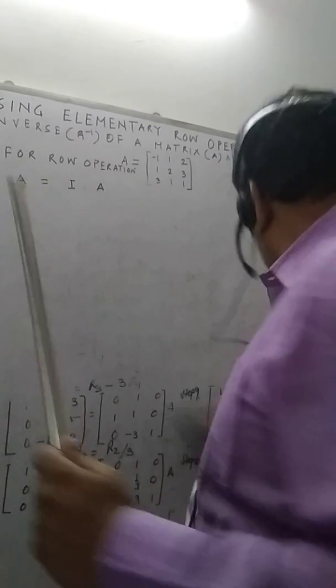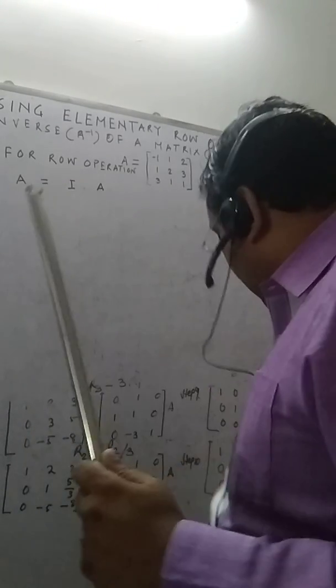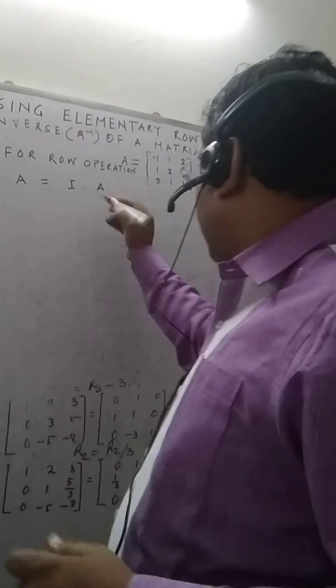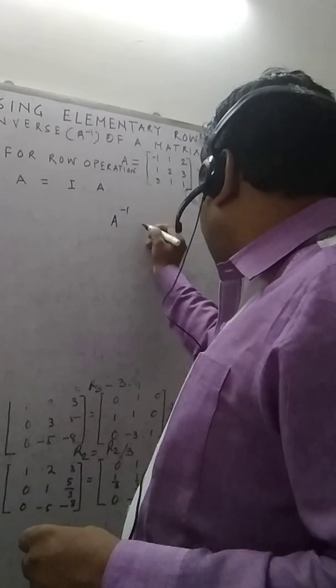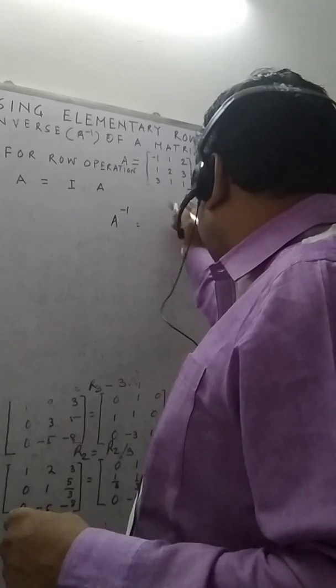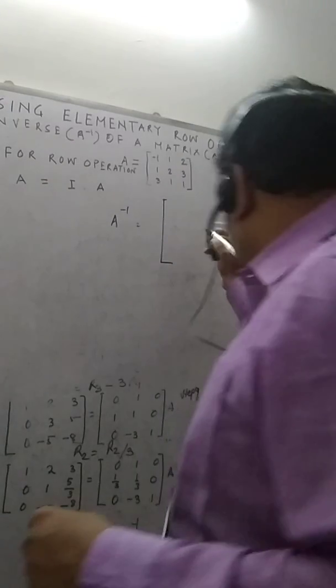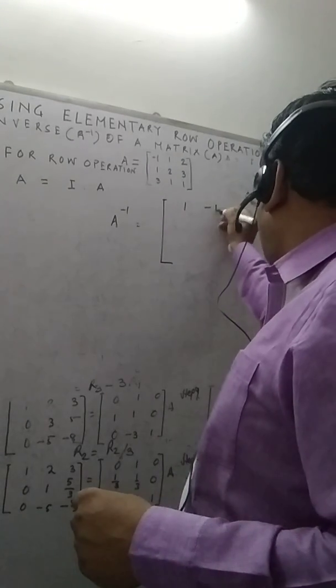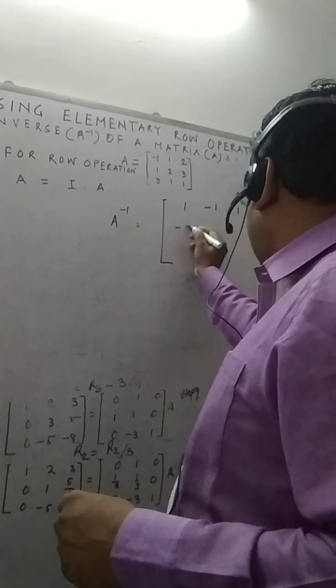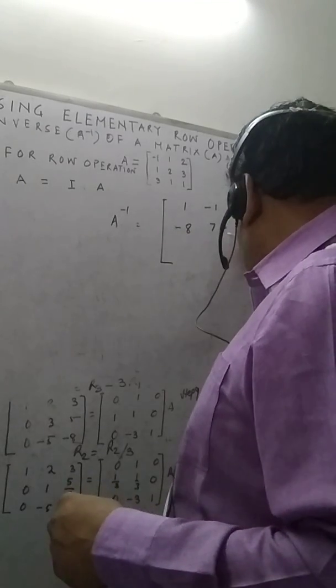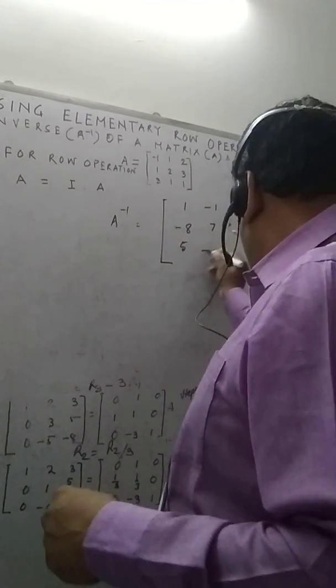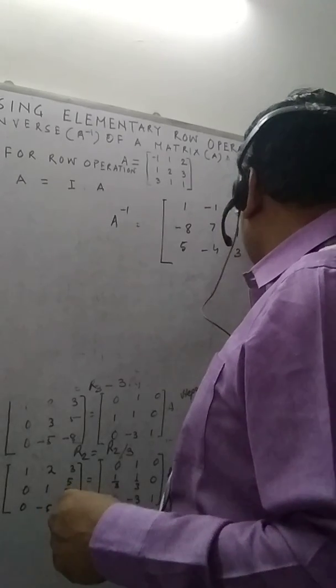Now see how I can understand that this is your A inverse. I am claiming that if A is the matrix, then the inverse is 1 minus 1 1, minus 8 7 1, 5 minus 4 3.